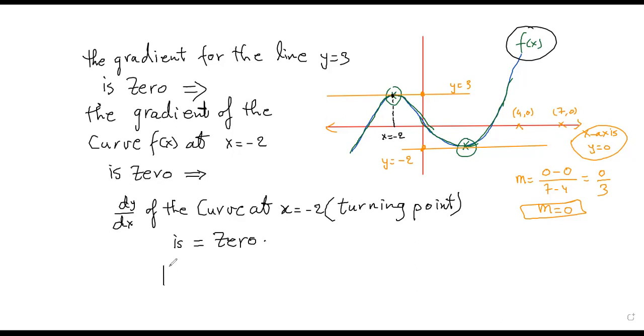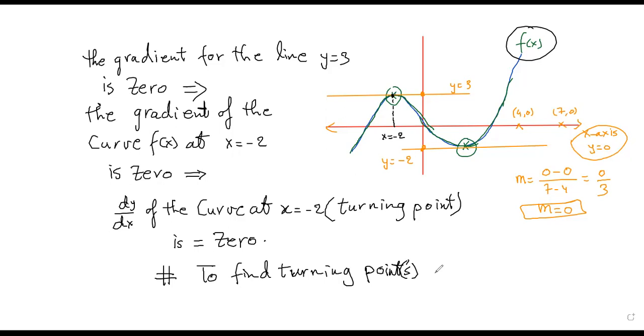That's the point of this lesson, to show how to find the turning points for any curve, point or points, let me put it in brackets. It could be one point, two points, three points, or no points.